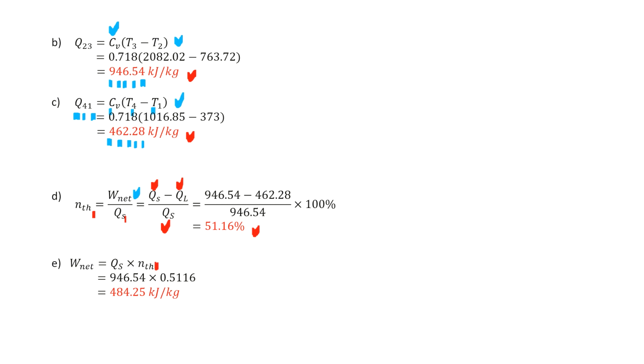So this is an alternative way. If let's say in the question they have given you the thermal efficiency, once you find out your heat supply, if heat rejected is unknown, you can straight away find out your net work. This is an alternative way. Other than this, you can also use heat supply minus heat rejected as what is shown here.